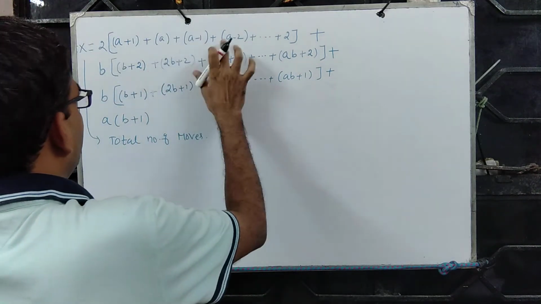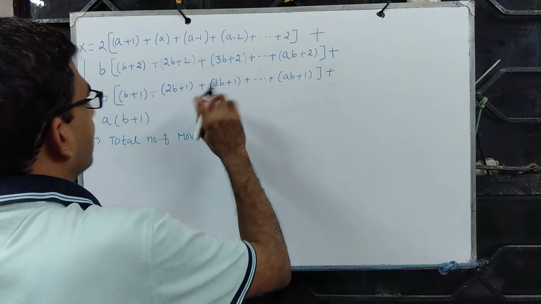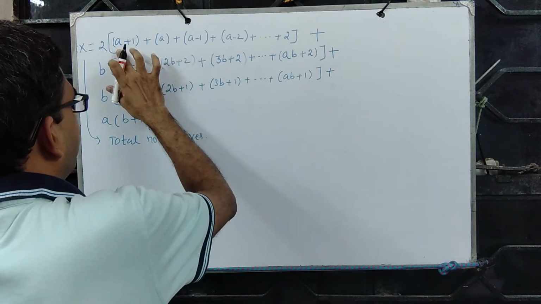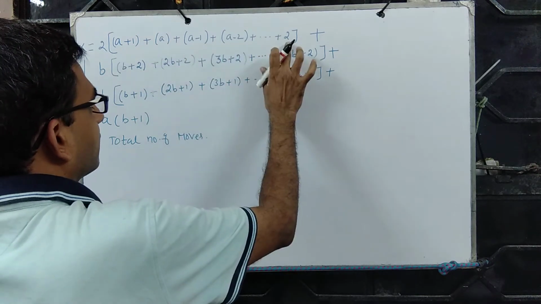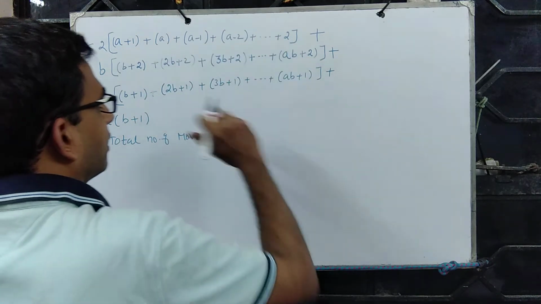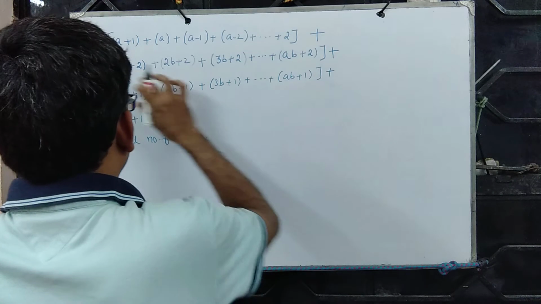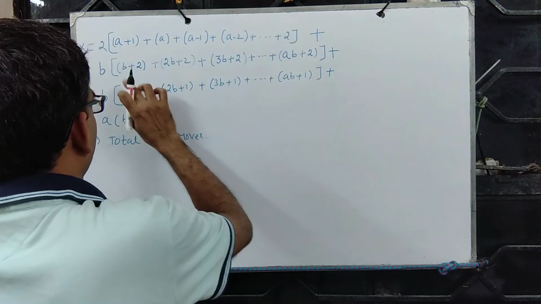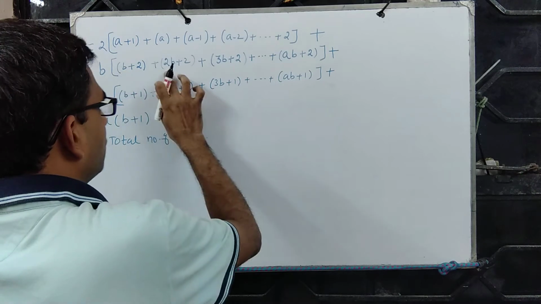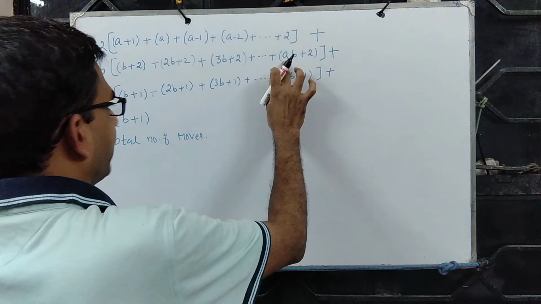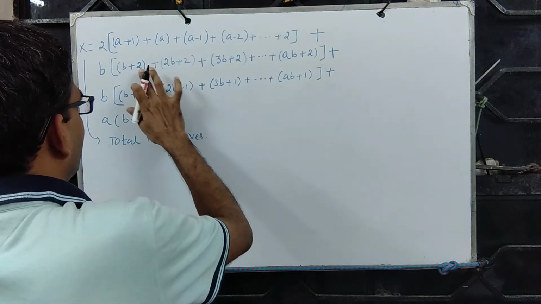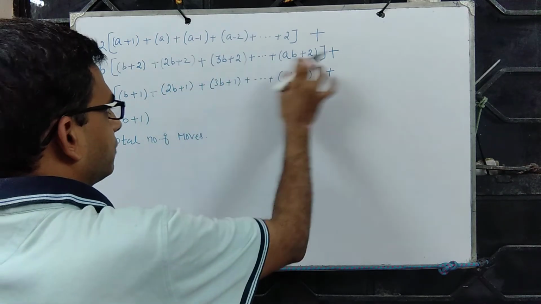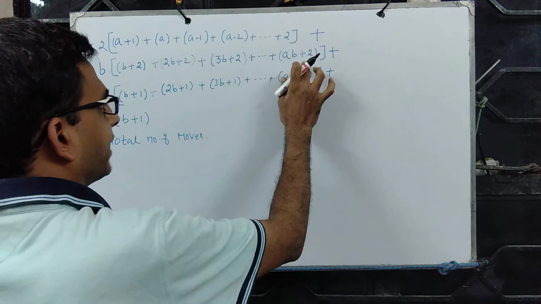In this one, you get to see A so many times, and over here you can take B out, and then it becomes 1, 2, 3 up to A. And this 2 also, you get to see plus 2 plus 2 plus 2, that will appear A times.